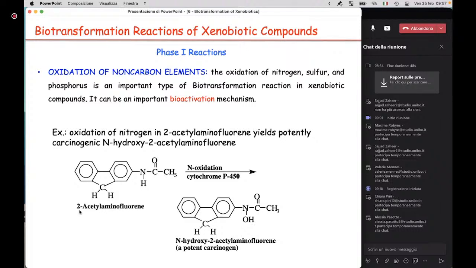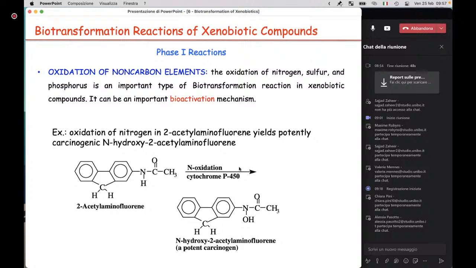It is called 2-acetylaminofluorene, and this, just like the previous polycyclic hydrocarbon, is not toxic in itself, but through oxidation at the nitrogen atom, it becomes a derivative that is carcinogenic.